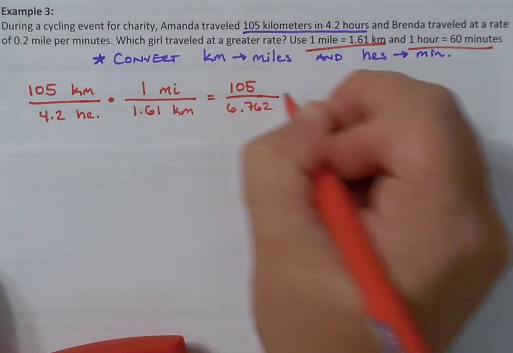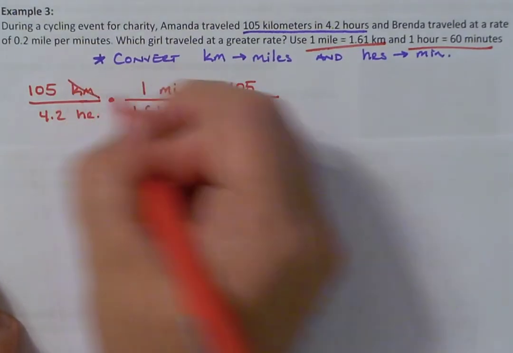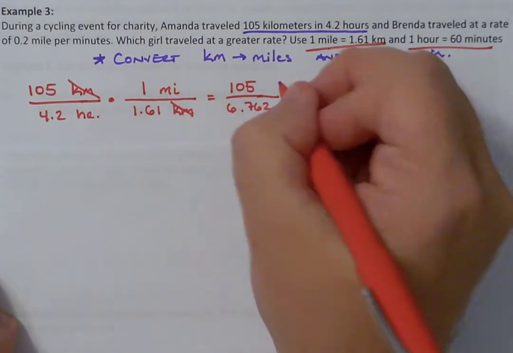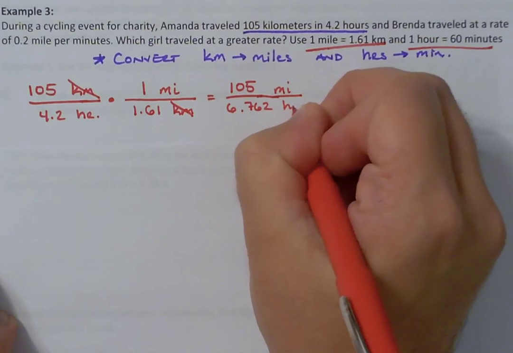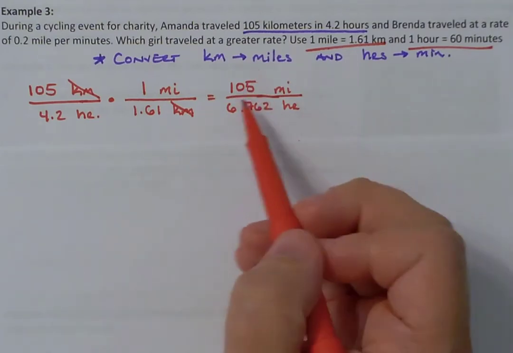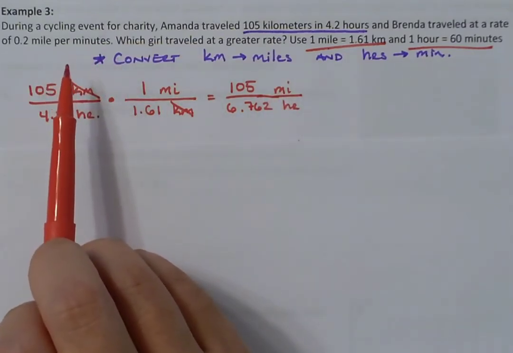Now if we take a look at the units, my kilometers cancel out because they're on top and bottom, and I'm left with miles over hour. So I now have 105 miles per 6.762 hours. Now, we're close because we can relate miles and miles, but Brenda's rate is talking about minutes.